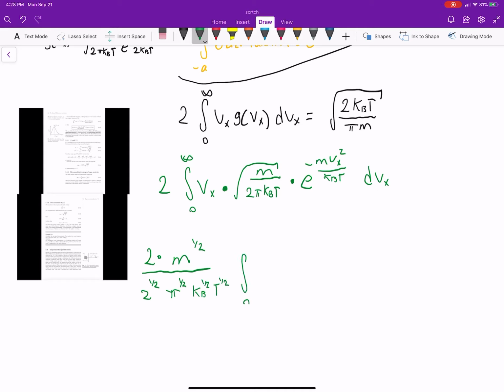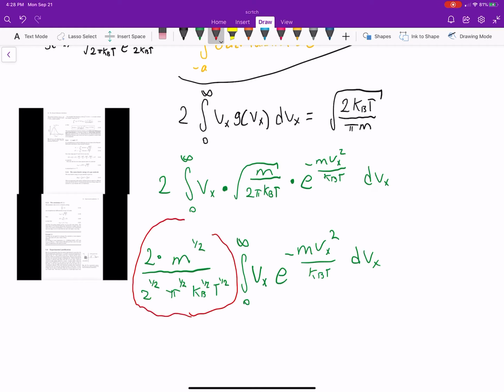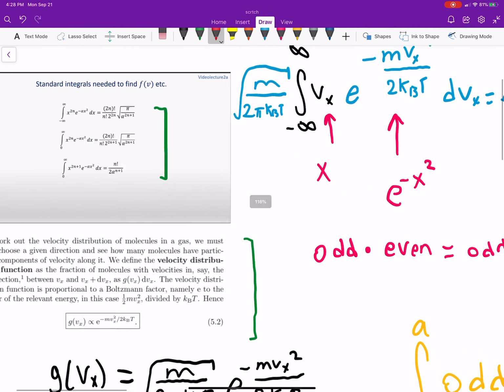And we still have our integral from 0 to infinity vx e to the minus m vx squared over 2kBT dvx. So just keep in mind that this is what's out front. I wrote it like that because it'll simplify a little bit, but right now I just want to focus on the integral.